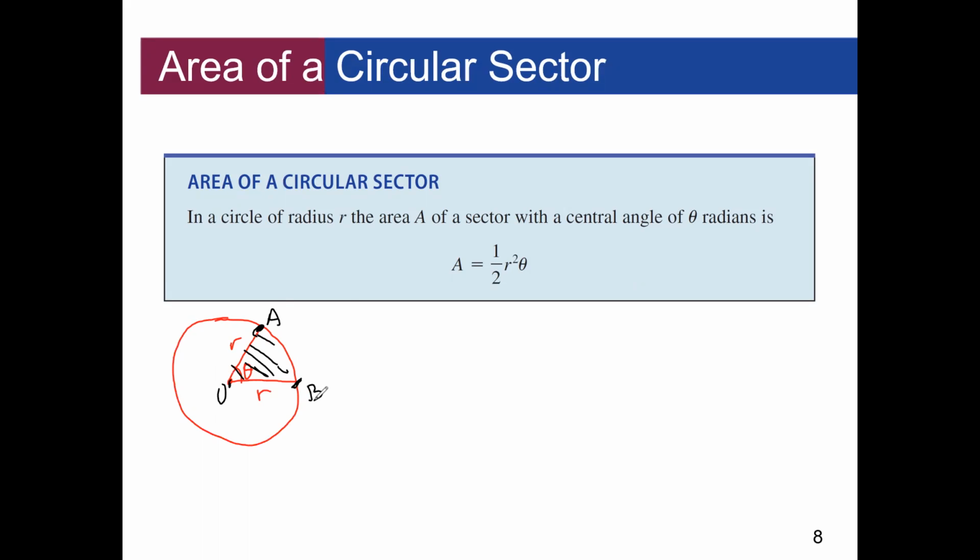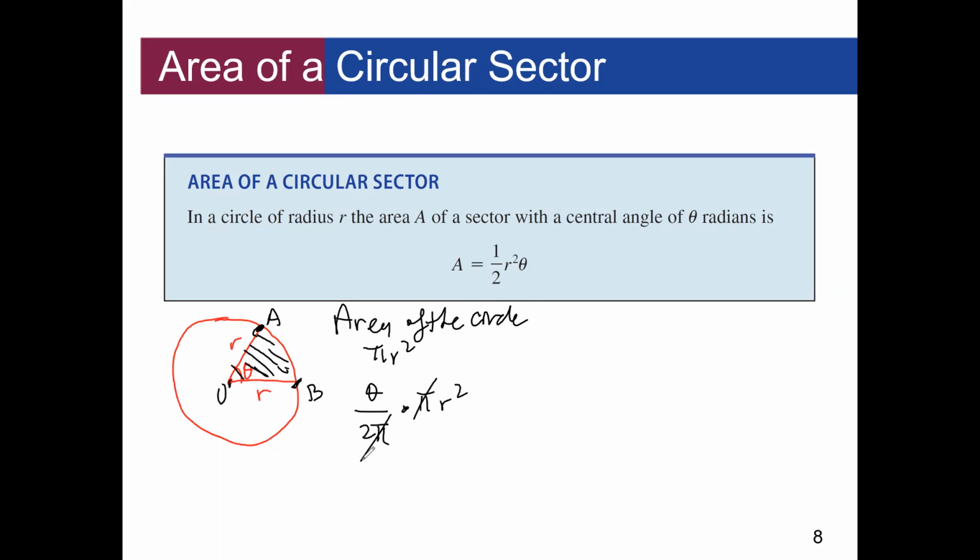Okay, so we know the area of a circle of radius r is pi r squared, right? But I'm just computing this portion of the circle, not the entire circle. So if theta is in radians, then I will do theta divided by 2 pi, and then multiply this by pi r squared. That's going to be the area of this sector.